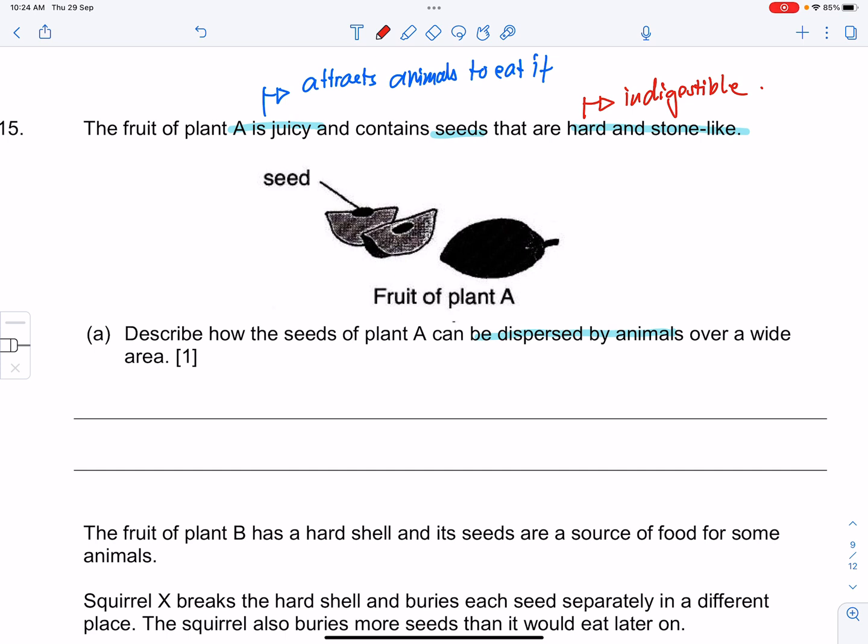Now, by throwing it away, we also need to realize one other thing. The animal may not necessarily throw it far away from the parents, right?